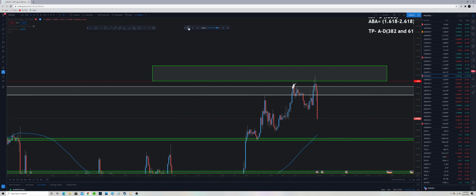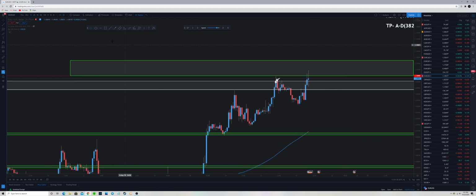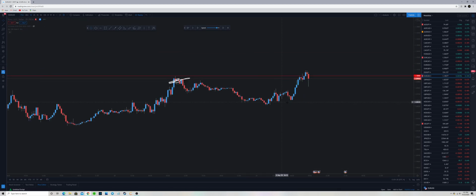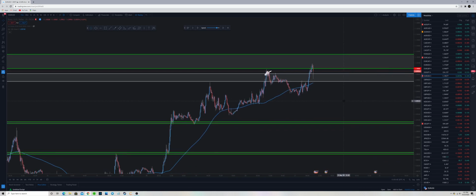Well, yeah, let's run that back for a second. Not there. 50-minute time frame. We're for sure getting our 100-day SMA breach within this hour.